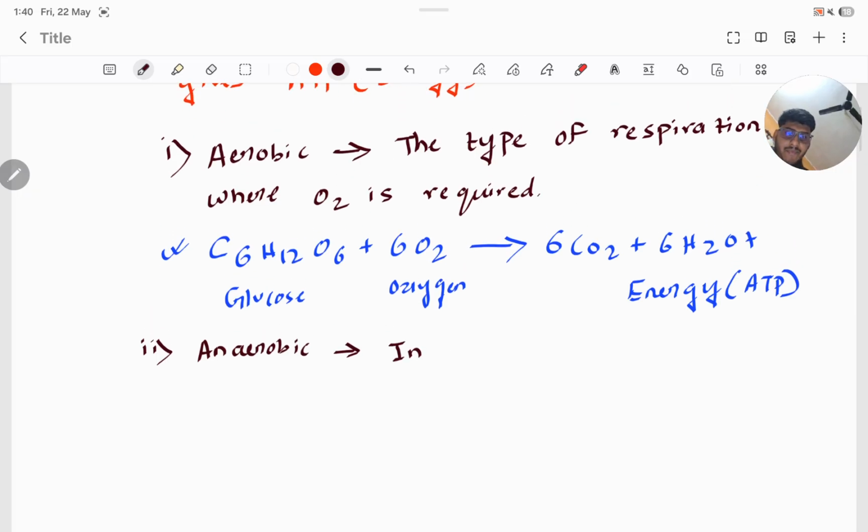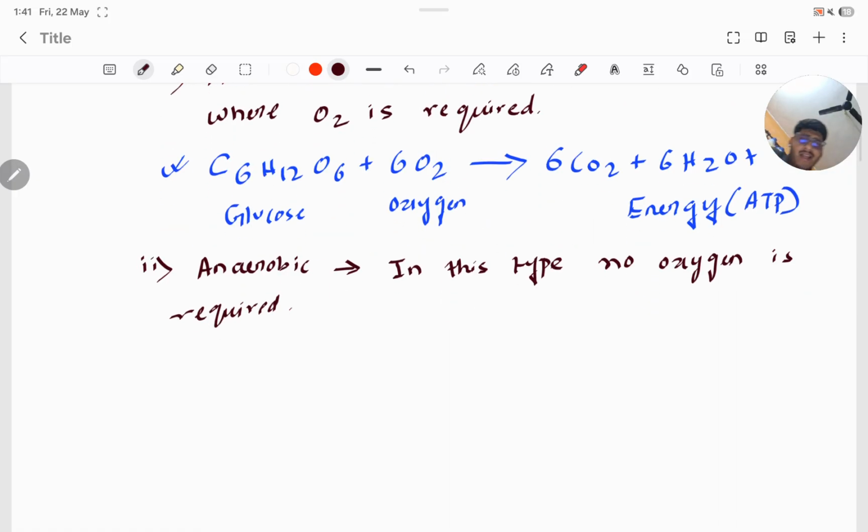In this type, no oxygen is required, and partial breakdown of glucose occurs. Partial breakdown of glucose.